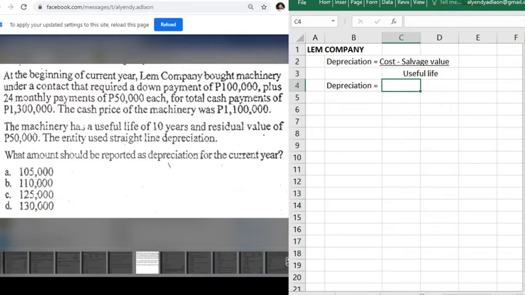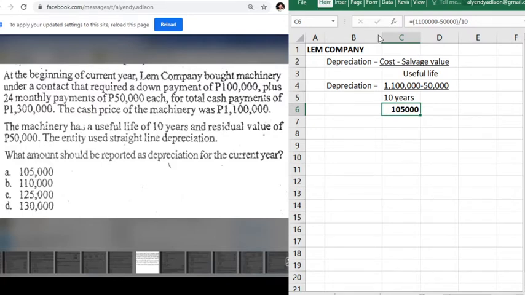So that is why we are only to consider the 1,100,000 minus the salvage value. Accordingly, the machinery has a residual value of 50,000 pesos and is divided by the useful life of 10 years. So this is 1,100,000 minus 50,000, divided by 10 years, and that is 105,000 pesos.